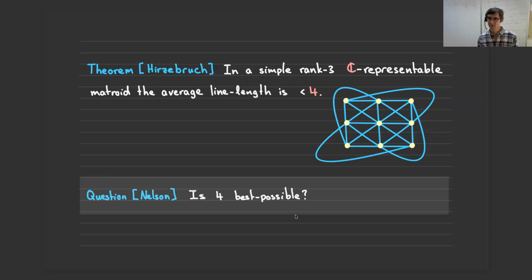I don't understand it very well, but from what I've seen, it doesn't seem to be able to show you that you can't have complex representable matroids where all the lines have length exactly 3 or 4, but the average is close to 4. The things that I've looked at don't seem to be able to say anything about such examples.